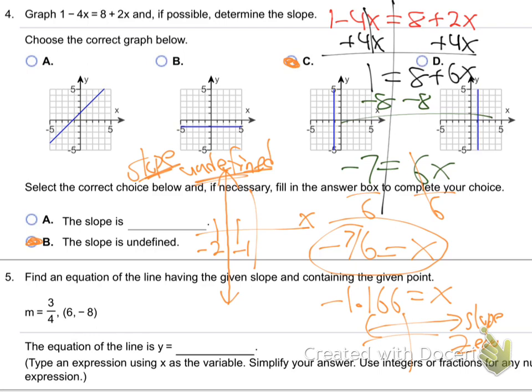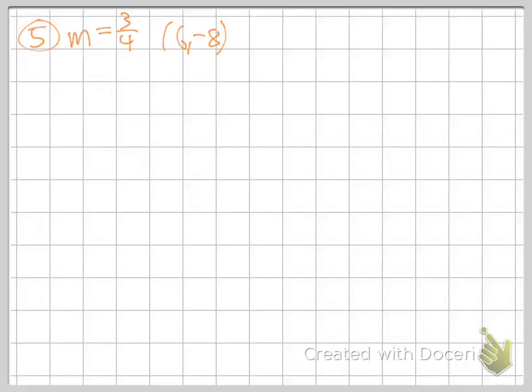Number 5 gives you a slope and a point, and I want you to find the equation. Remember we had a whole process for that? So how do we find the equation? Well, I gave you the game plan.